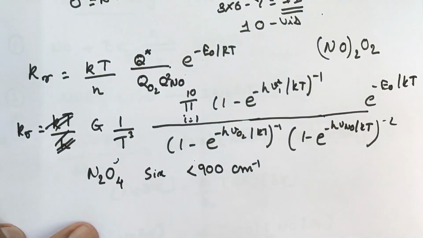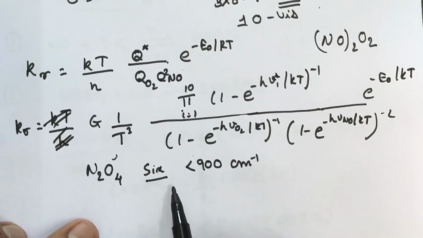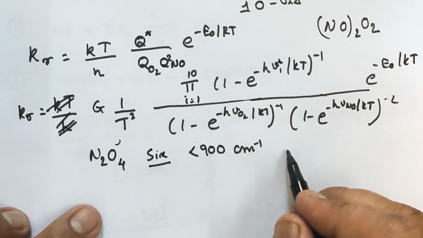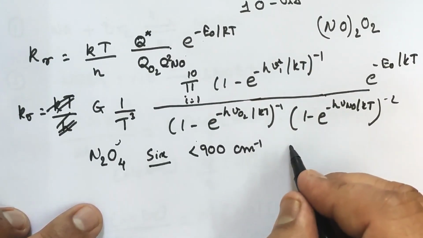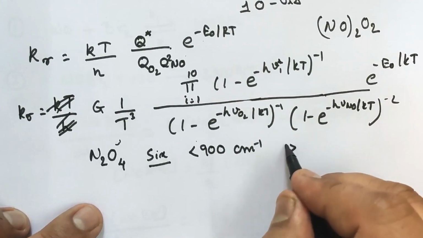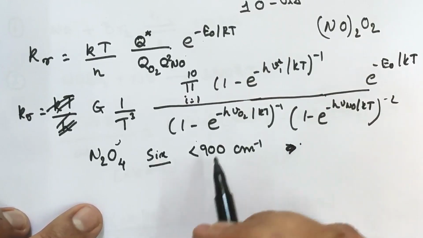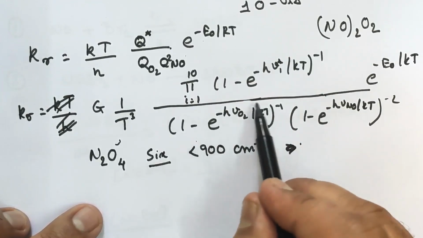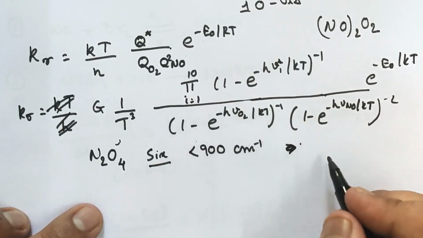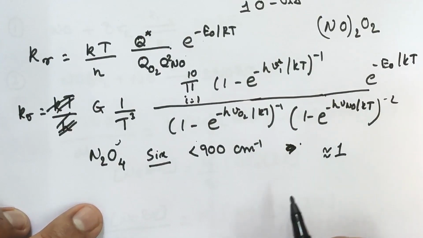The reason for using only 6 vibrational frequencies is that with values greater than 1000, the expression 1 minus this particular exponential is approximately equal to unity.